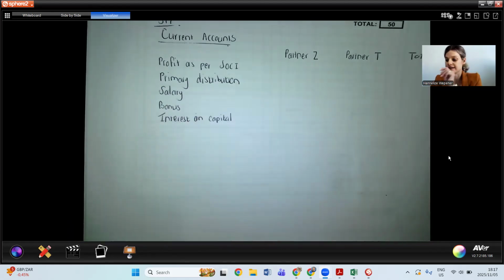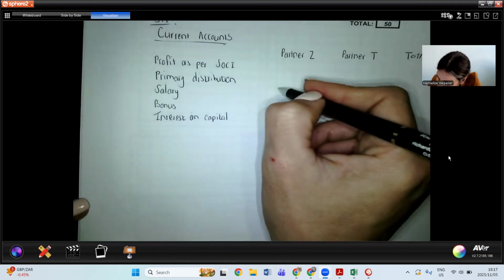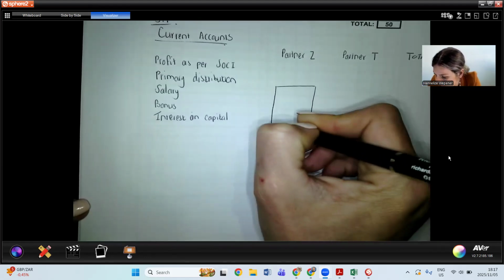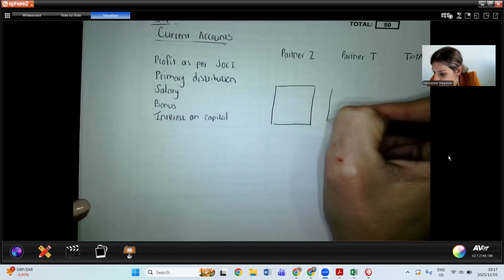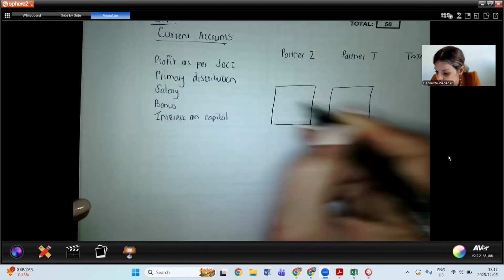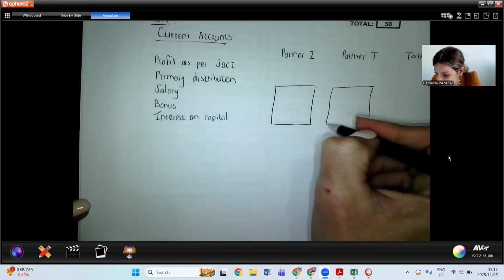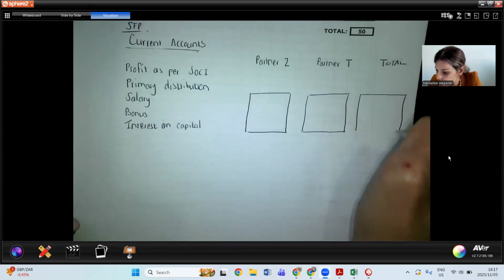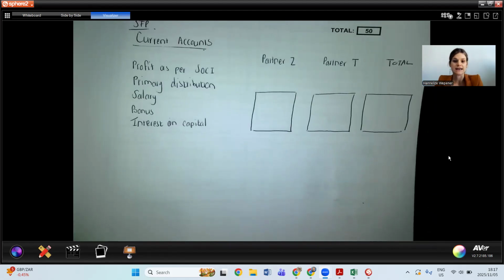All of these then add up to your primary distribution. You will also see that some of the notes have the primary distribution at the bottom. Same thing. Primary distribution is those three only for you guys. Nothing else will be included there.